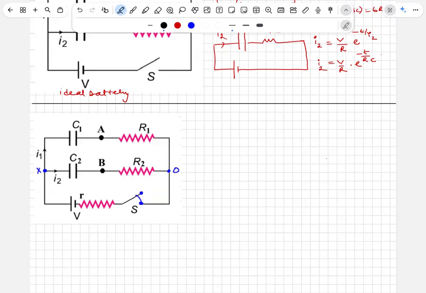Now, in this case, if I am taking A as a node, okay. Taking A as a node, next.